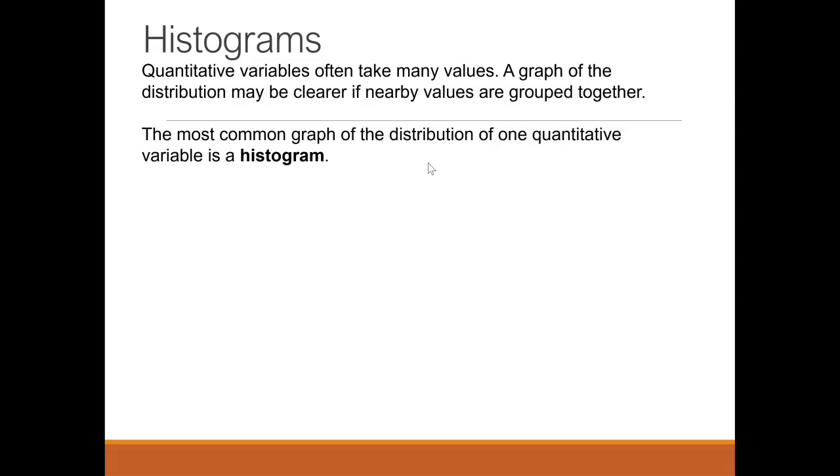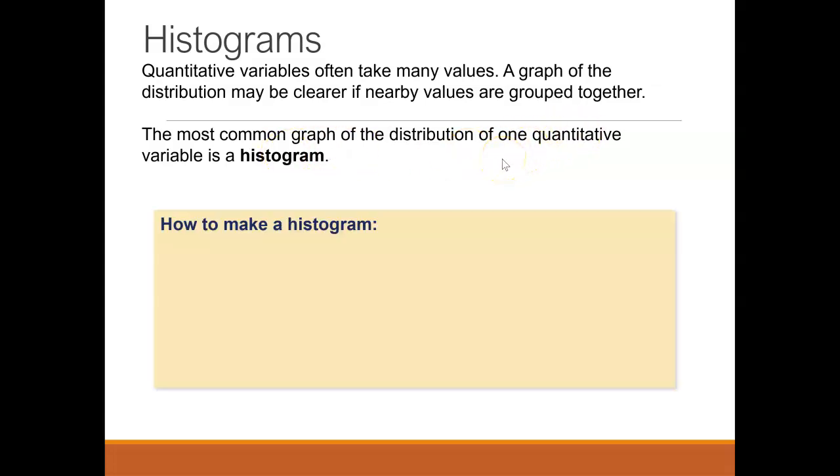Okay. Another way to represent data is with a histogram. Now this is important. We like histograms, and they're different than a bar chart or bar graph or a pie chart that we've looked at already. It's the most common visual representation for the distribution of one quantitative variable.